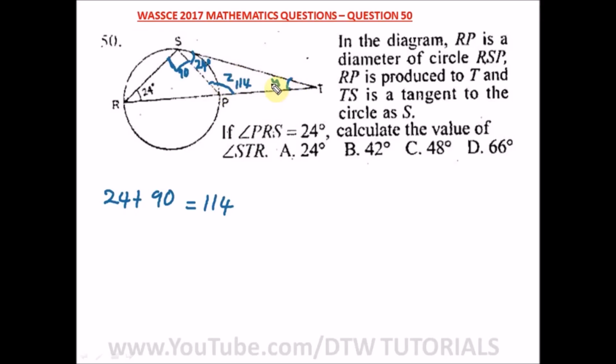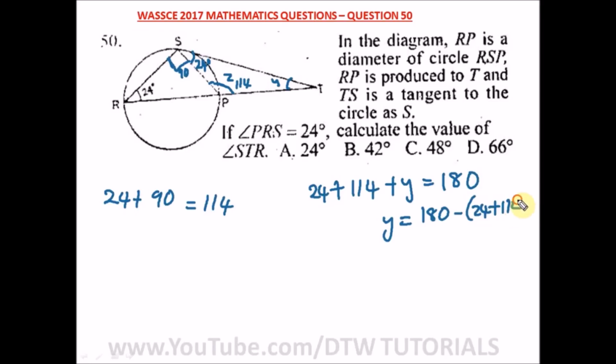To get Y, remember the angles in a triangle sum up to 180. So we have 24 plus 114 plus Y equal to 180. So Y is 180 minus 24 plus 114. And what's 24 plus 114? That's 138. 180 minus 138 will give us 42 degrees.